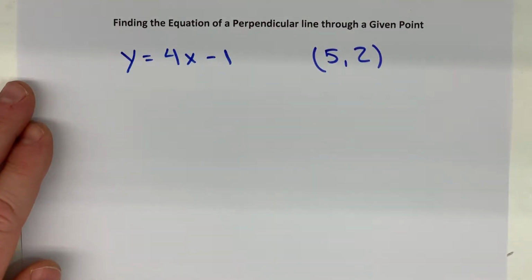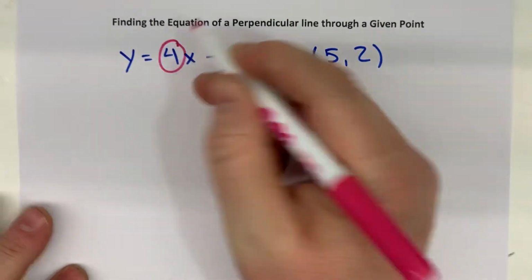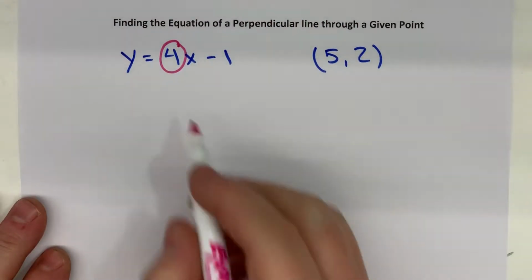All right, so what is it I have to look at? Well, perpendicular lines, we should be able to get something from the slope. And I know the slope of my line here was 4.